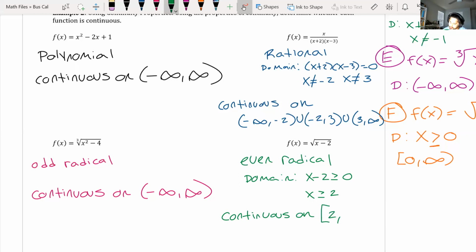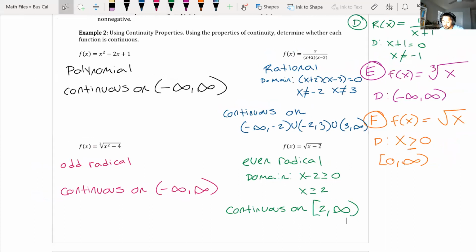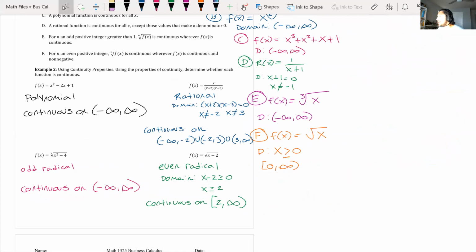And we head towards infinity, to the right. And there you go. That's a little lesson on domain and continuity. If you know the function you're dealing with, then you find the domain of that function. You can then state where that function's continuous on.